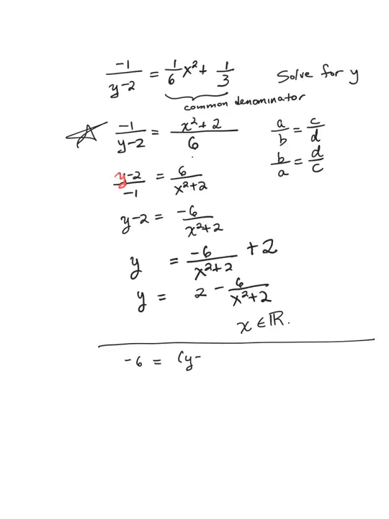But this we would have to put in parentheses, divide each side by x squared plus 2, and then add the 2. There are so many ways of solving it. But either way, it is correct. I mean, whatever you feel more comfortable with.